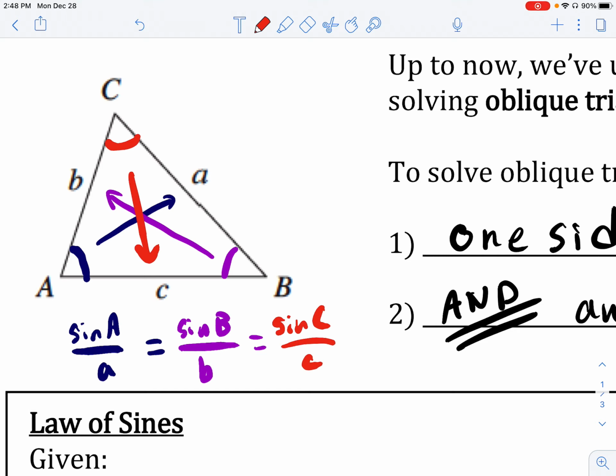So what we're saying is all these ratios are equal. That is to say, these ratios are proportional to one another.